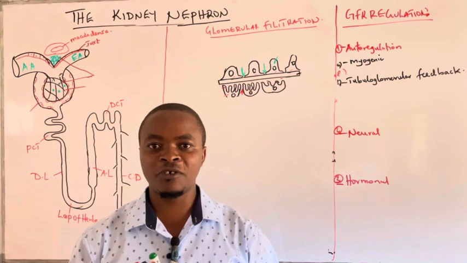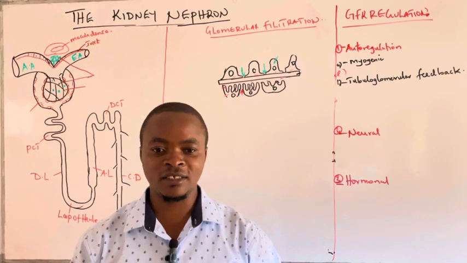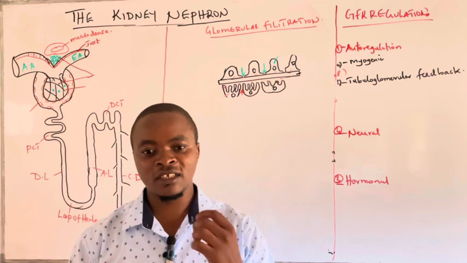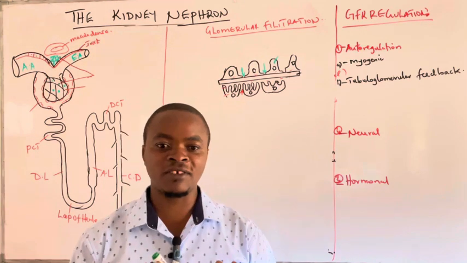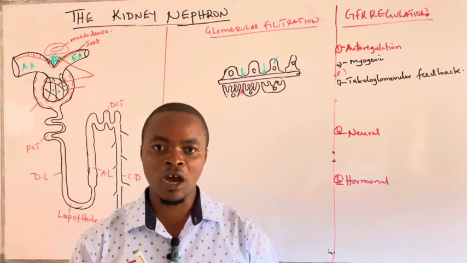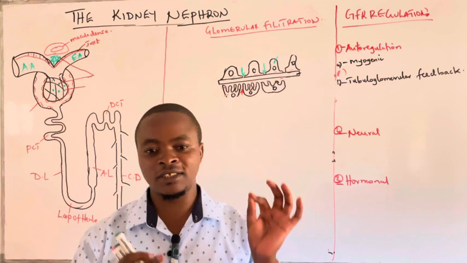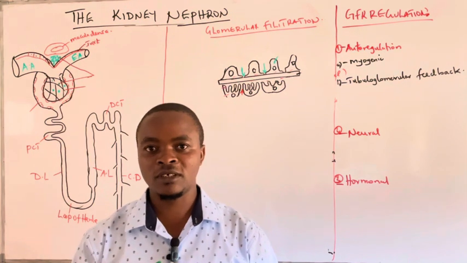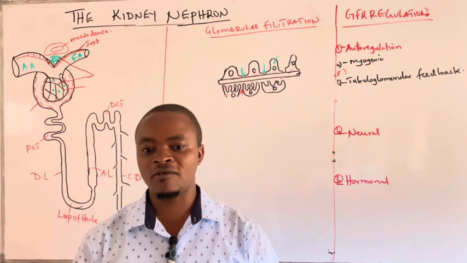And this kidney nephron, we know that the kidney nephron is the functional unit of the kidney. So the functional cell unit of the kidney is the nephron, and we saw in the previous video that we have the right and the left kidney. And we saw how these kidneys had nephrons located in the cortex and the medulla. And we saw different types of nephrons, where we saw cortical nephrons and juxtaglomerular nephrons.